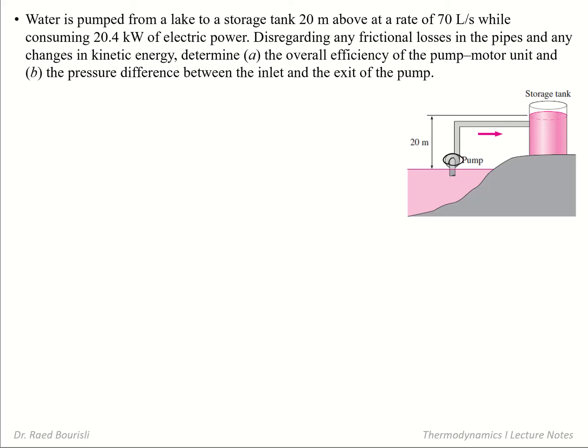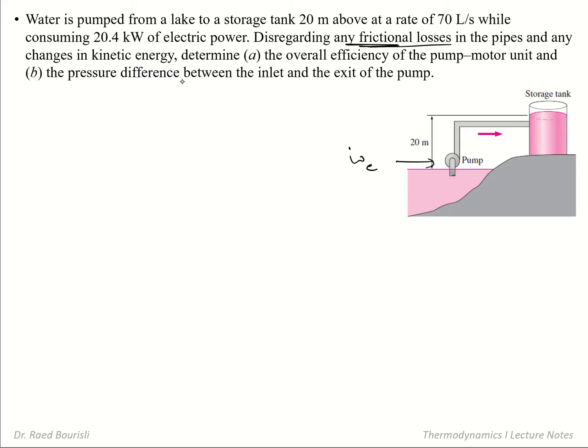So this pump is getting some energy in, and it's raising the potential energy of this bulk of water by about 20 meters. Okay, so that's what it's doing. We want to disregard any friction and losses, so no efficiency issues.